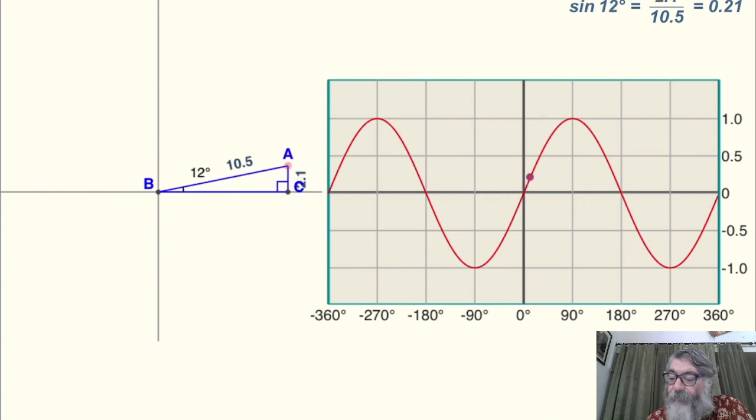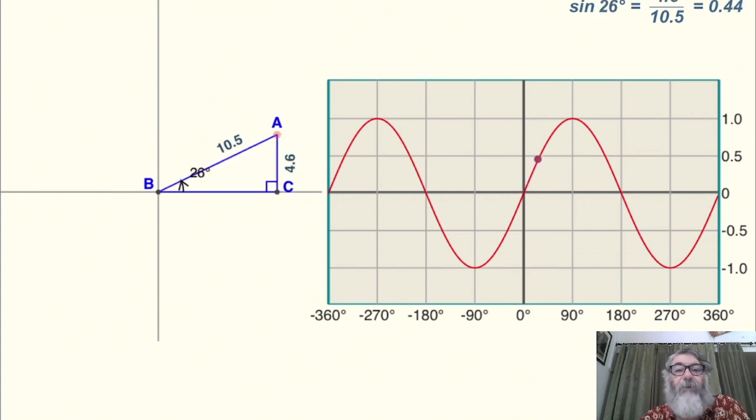When I drag this point A, a triangle is formed. Now this triangle will move in a radius of 10.5 only, because the distance between B and A will always remain the same. That means when I drag this point A around B, I'll get a circle of radius 10.5, whatever unit it is.